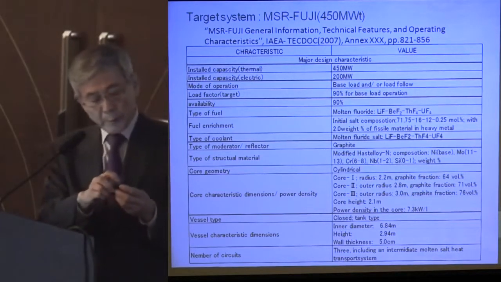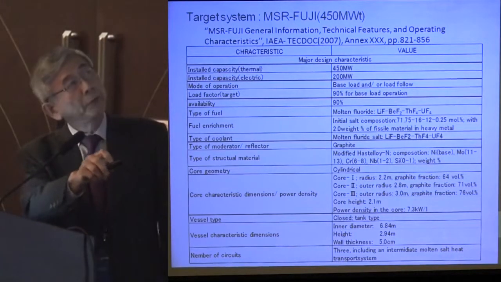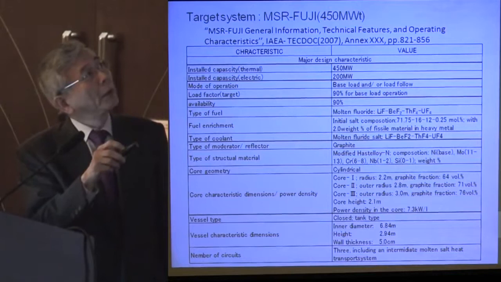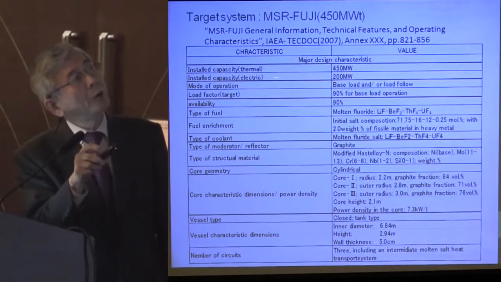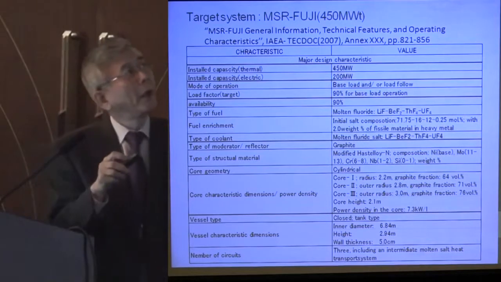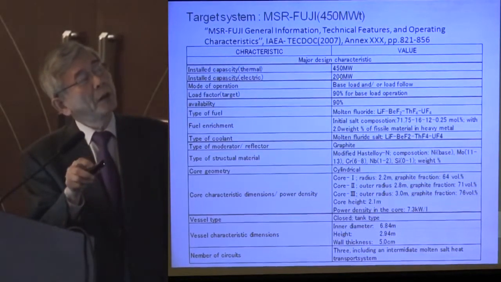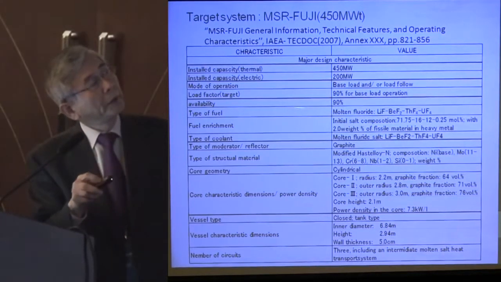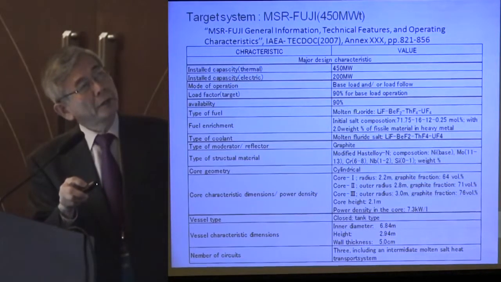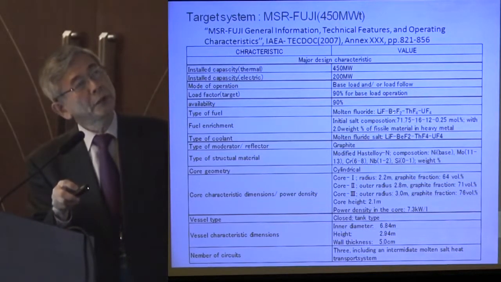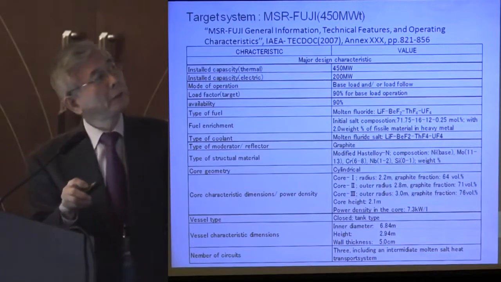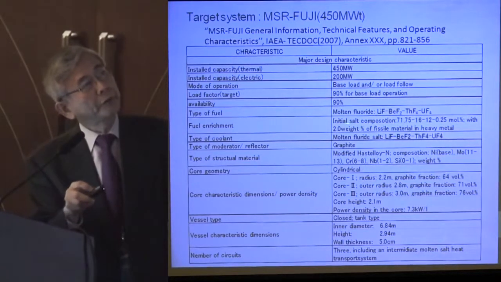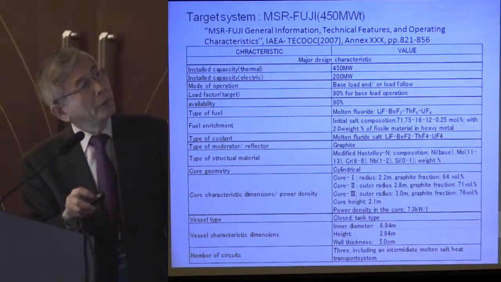The primary design parameters of FUJI-2 are shown in this table. The thermal output is 450 megawatts, and the electric output is 200 megawatts. The type of fuel is the same as the molten salt breeder reactor developed by ORNL, and the composition is also almost the same.